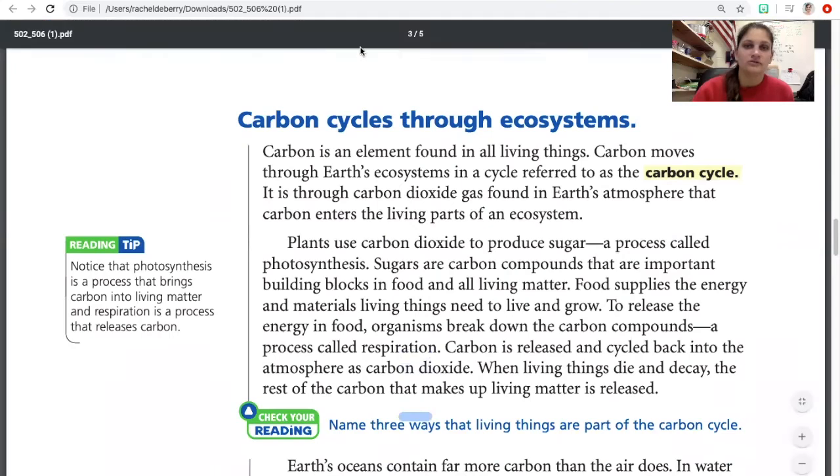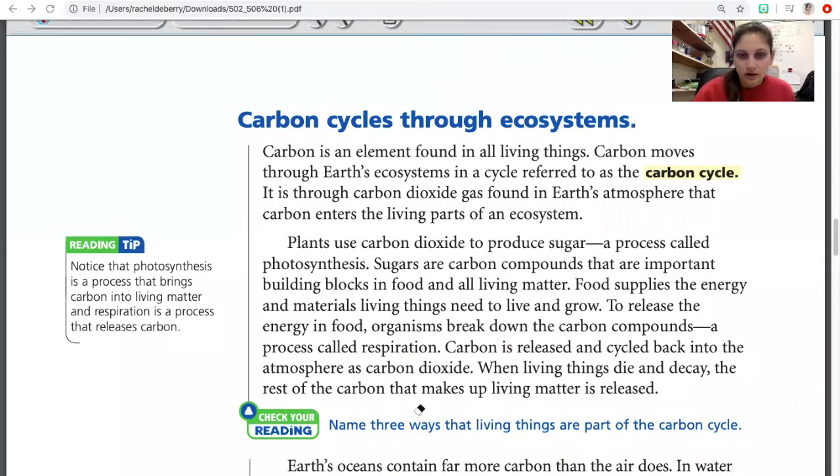Carbon cycle, this is what we're interested in. So looking here, carbon cycles through the ecosystem. Carbon is an element found in all living things. Carbon moves through the Earth's ecosystems in a cycle referred to as the carbon cycle. It is through carbon dioxide gas found in Earth's atmosphere that carbon enters the living parts of an ecosystem. Plants use carbon dioxide to produce sugar, a process called photosynthesis.